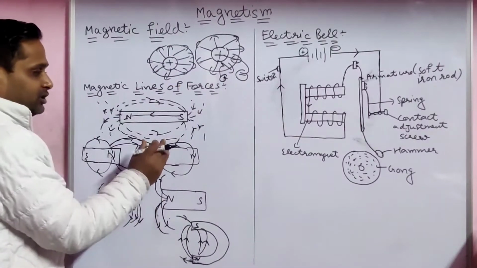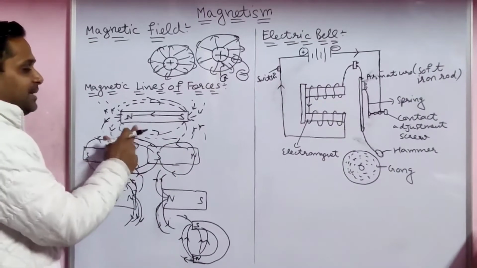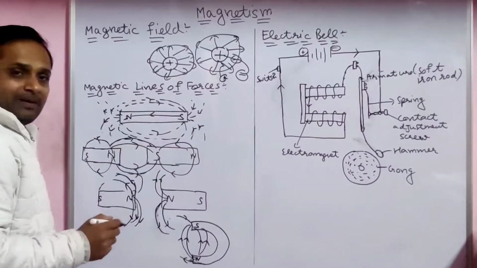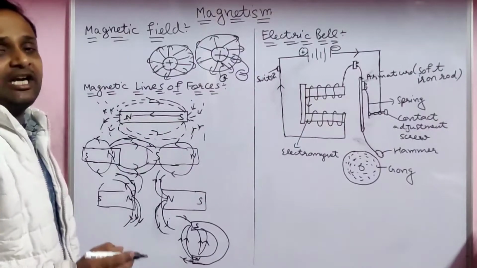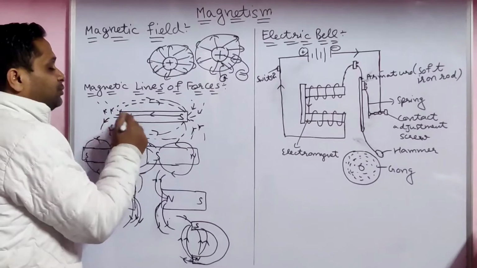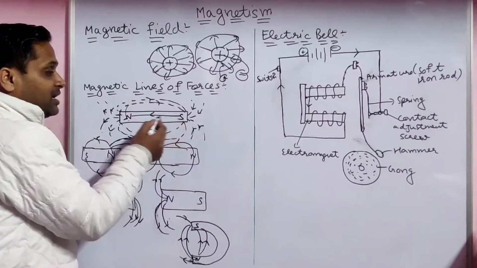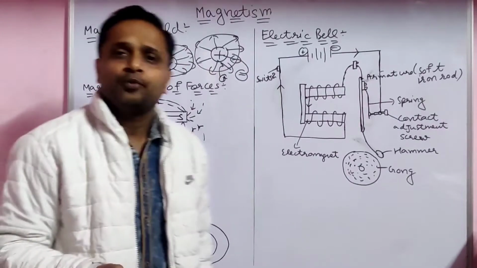Magnetic lines of forces. Now we have to discuss how magnetic lines of forces form in the magnet. For example, a north and south magnet is there. I already told you the properties of the magnetic lines of forces. They always move from north to south outside of the magnet, and inside the magnet from south to north.